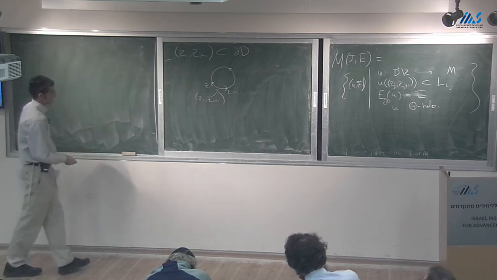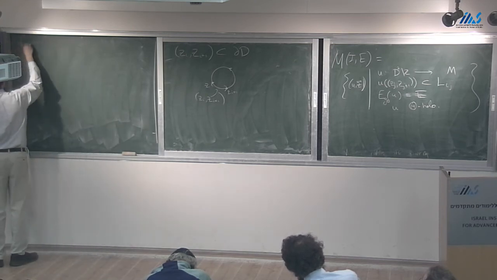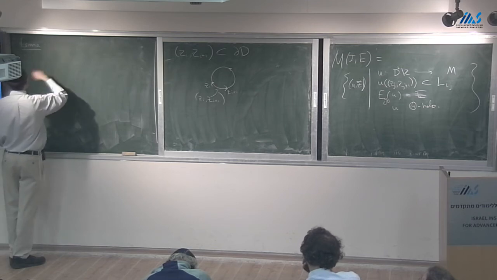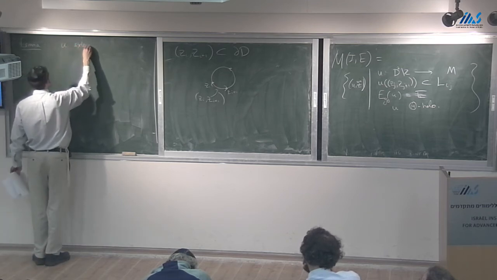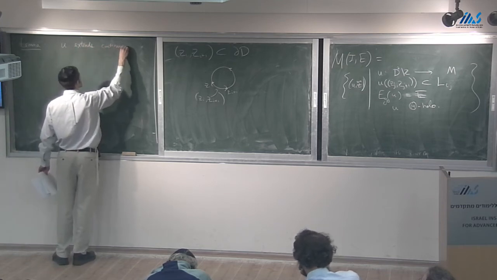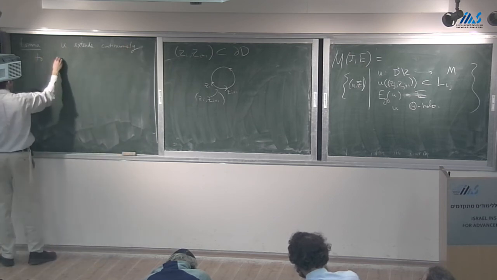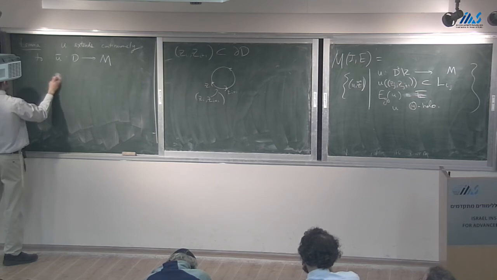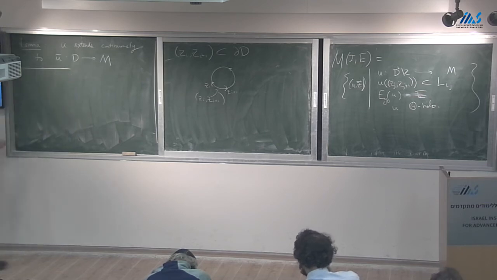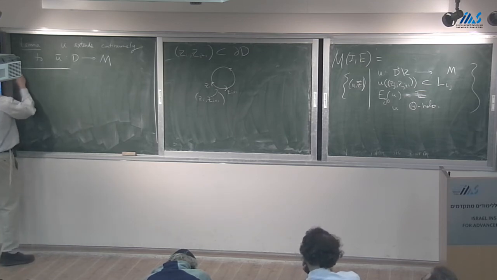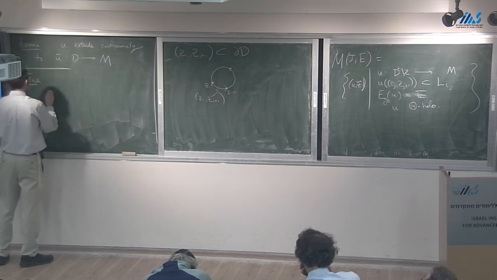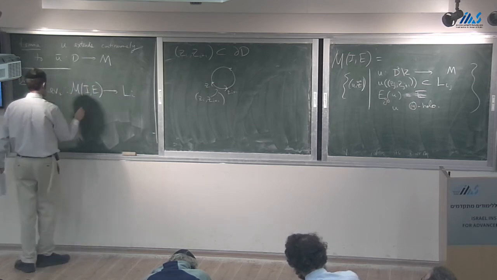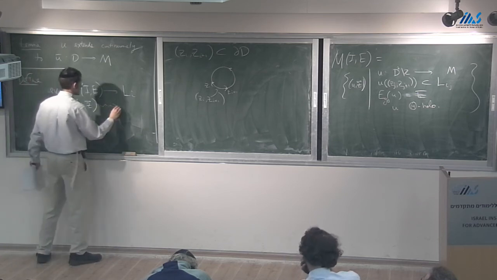So we can define, all right, so it's a fairly standard lemma, because of the cleanness of intersection, that u extends continuously to u bar from the disk to M. Okay, and all right, so then I can talk about evaluation maps ev_i from M_{I,E} to L_i, which take a pair like this and send it to u bar of z_i.